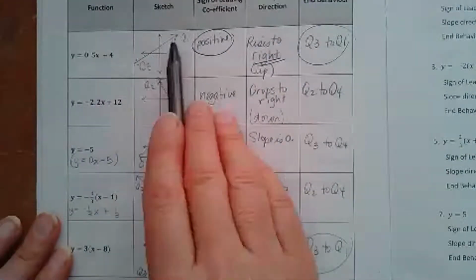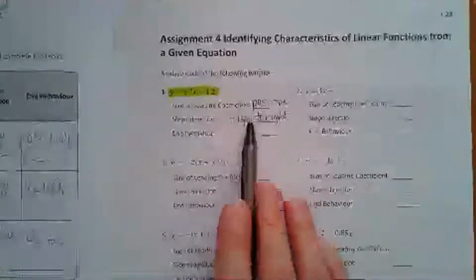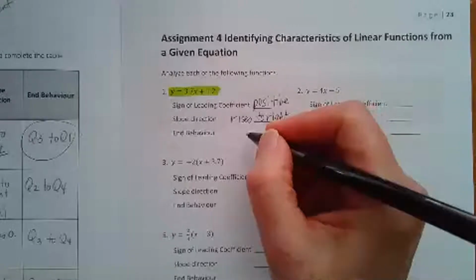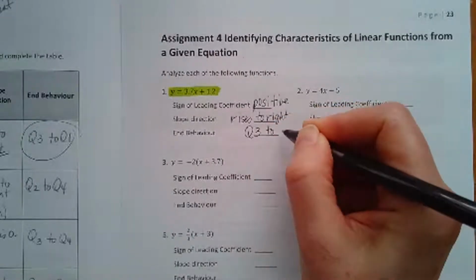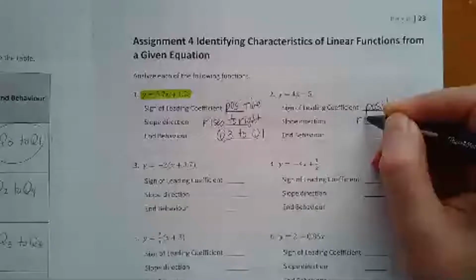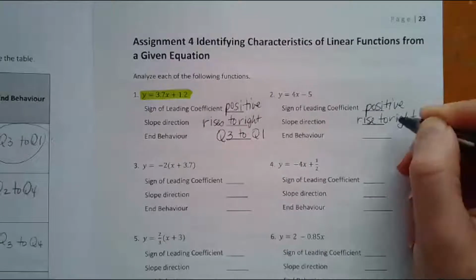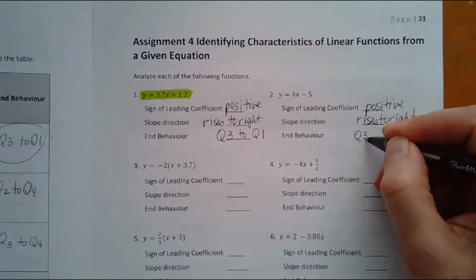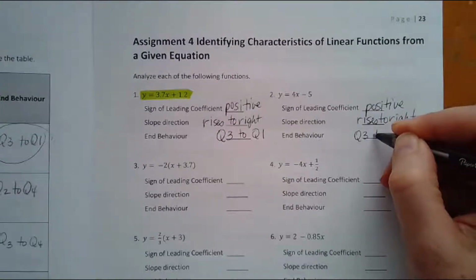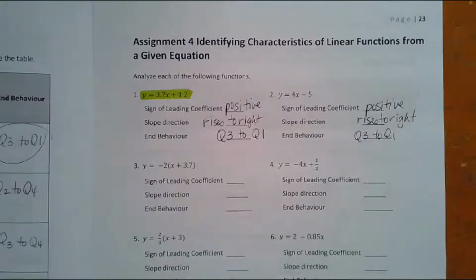So when you establish you've got a positive lead coefficient, rises to the right, end behavior is always going to be quadrant 3 to quadrant 1.